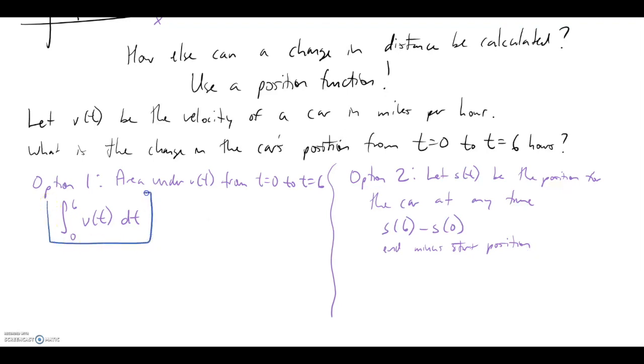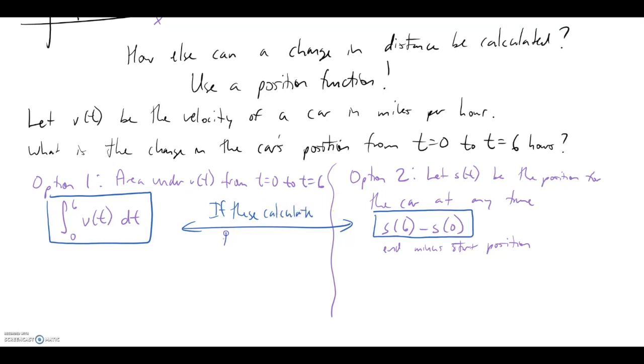And the thing to notice about these two options is if the integral on the left and the difference on the right calculate the same thing, then these two expressions must be equivalent.